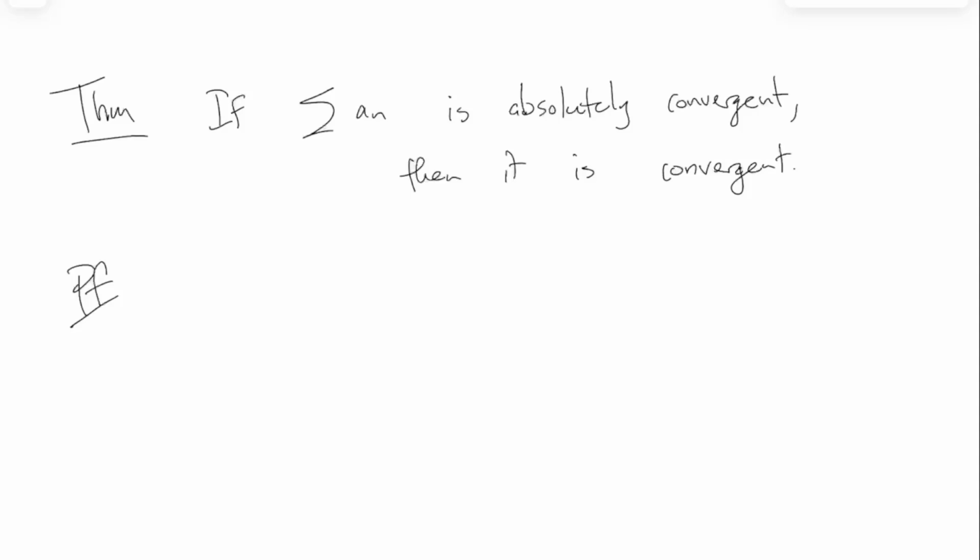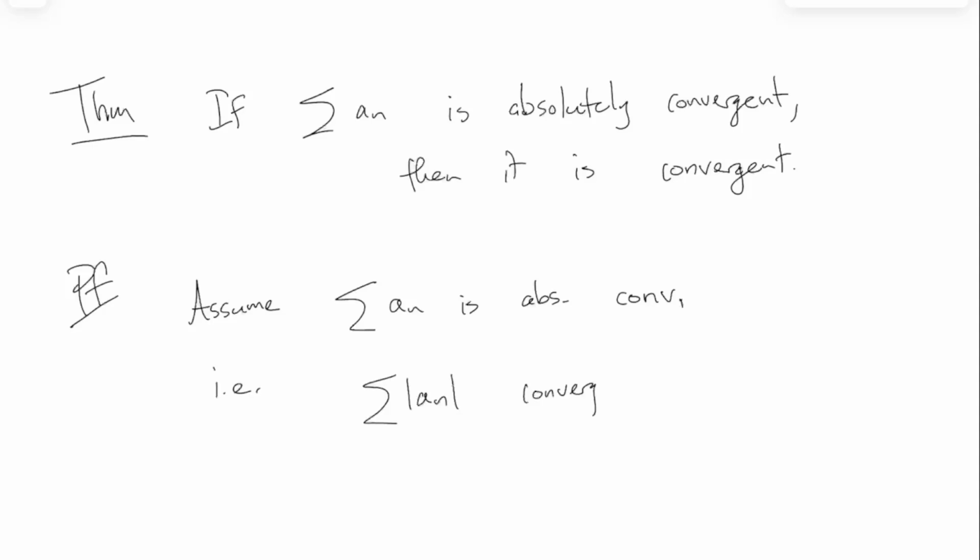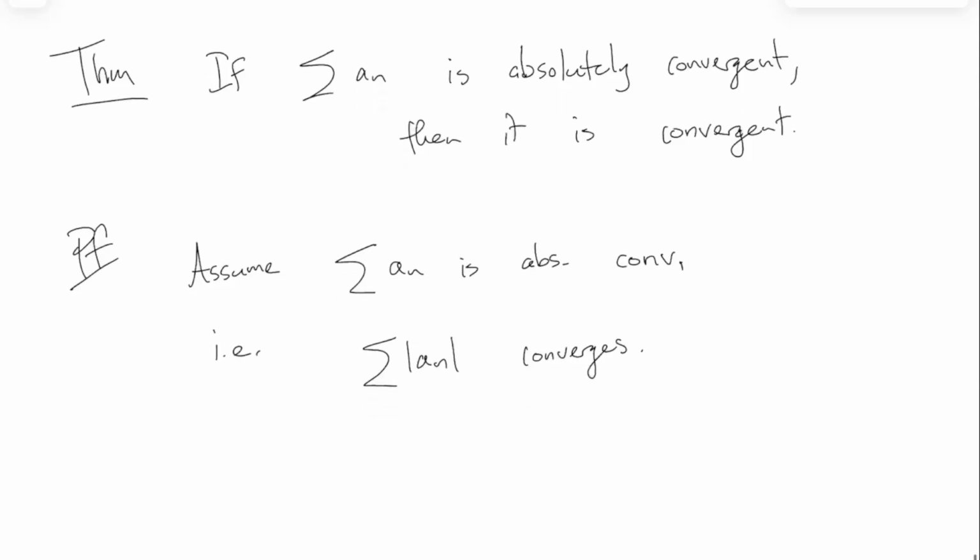The thing that we're trying to demonstrate is if it's absolutely convergent, then it is convergent. So we're going to begin by assuming that the sum of a_n is absolutely convergent, i.e. what that means is the sum of the absolute value of a_n converges, right?